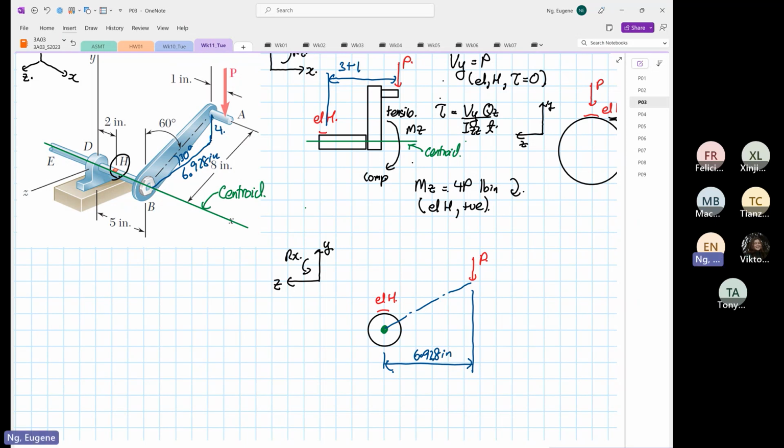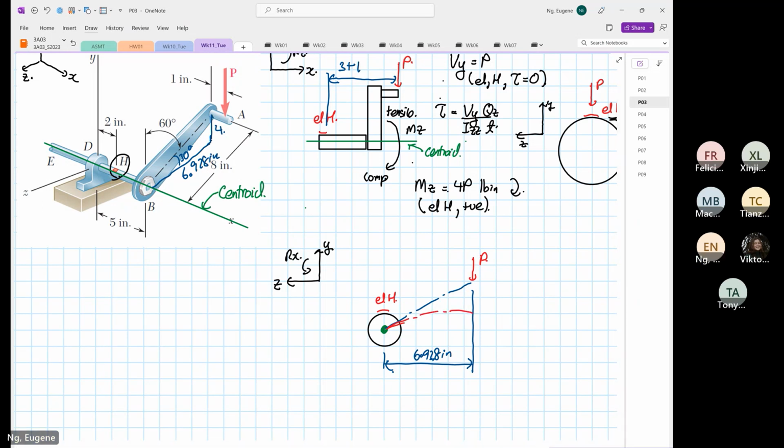So now let me ask you. That is where our centroid is. When P comes down, the chain line is going to deform like this. The red one is deformation.